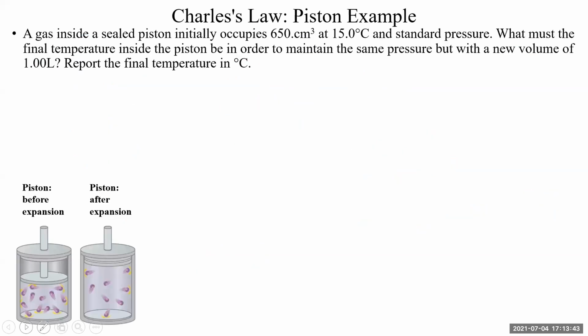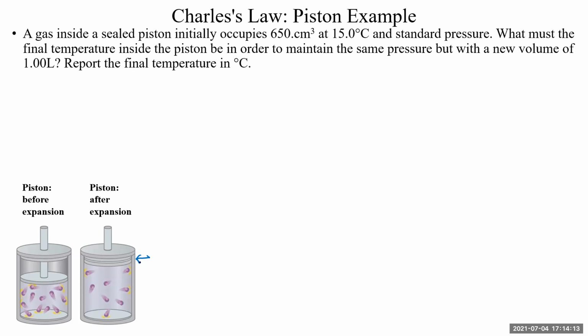Okay, let's do another example. Balloons and pistons are the premier examples of Charles's law, mainly because a balloon and a piston, which is pictured here, have movable or flexible walls. They can change their volumes. And that's the reason they're very typical examples of Charles's law, because Charles's law involves a change in volume. Balloons can expand or contract. Pistons can also expand or contract.